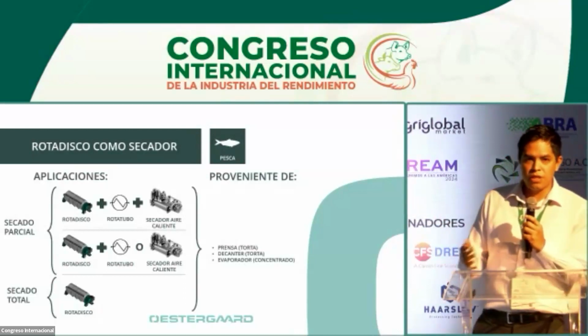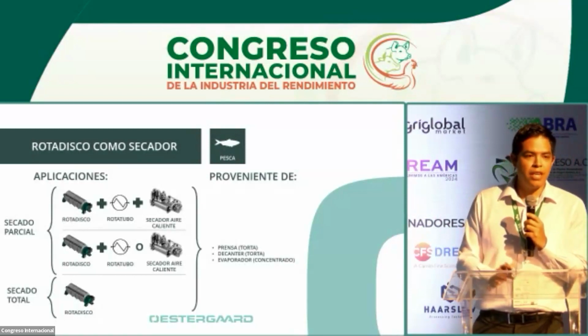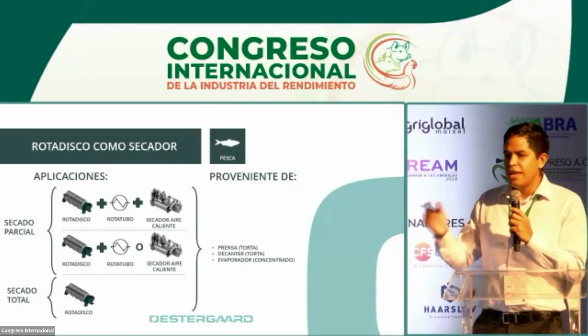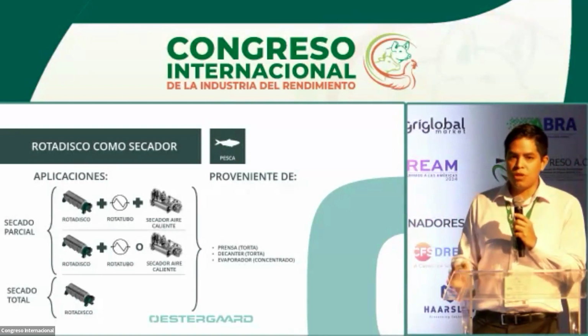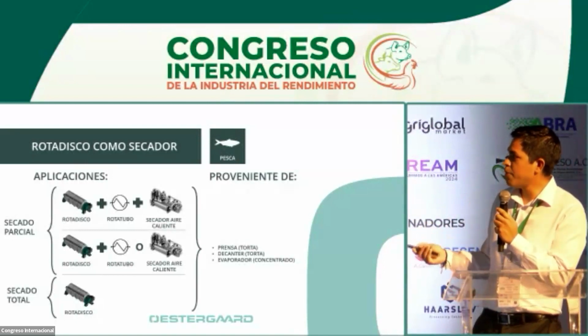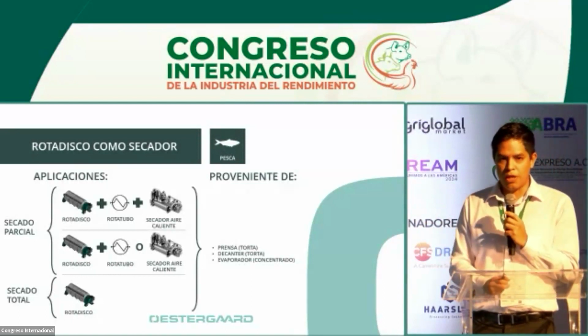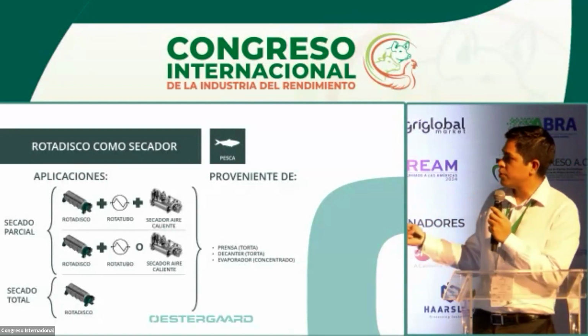We will have the decanter pie, at about 50% humidity, and additionally the concentrate, which would be 60% humidity. This mix would provide 55% humidity that would come into the rotational disc dryer, so it passes on to other phases according to the size of the plant.